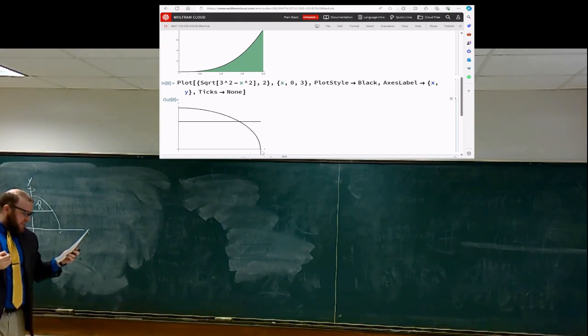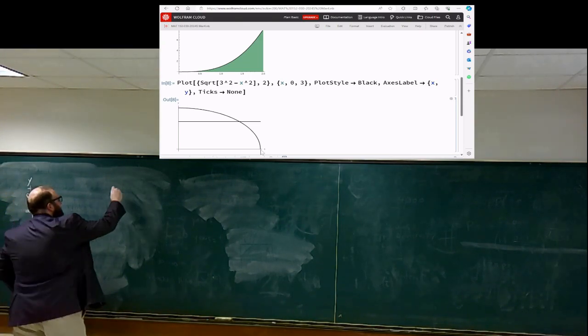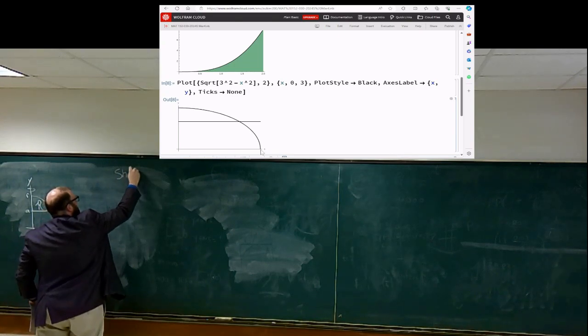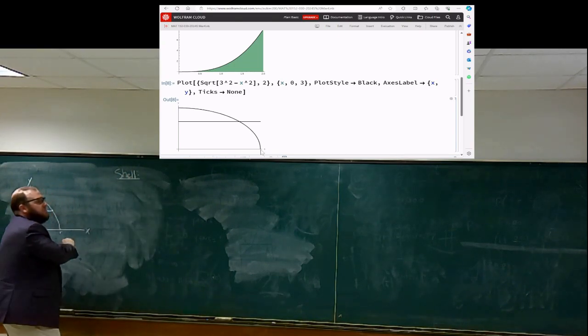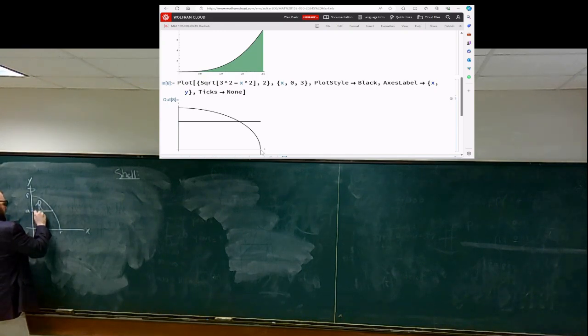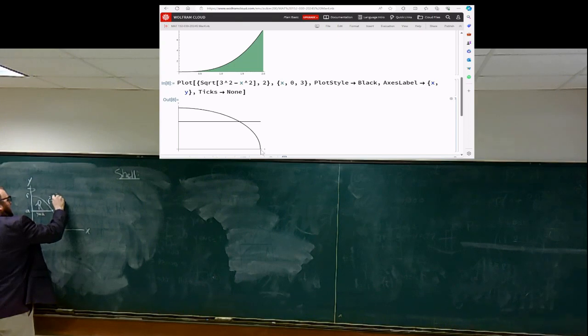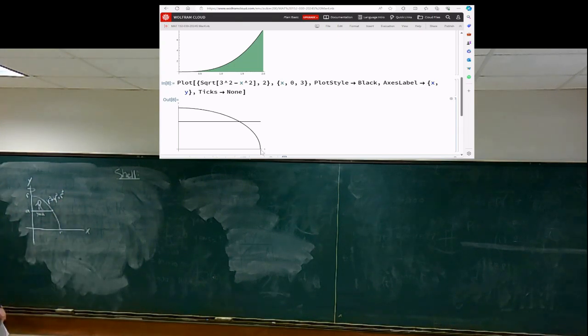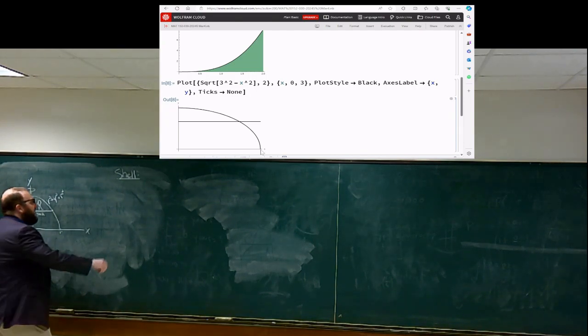I'm going to start with shell method. So remember, this line is line y equals a, and this circle is x squared plus y squared equals r squared. Radius.